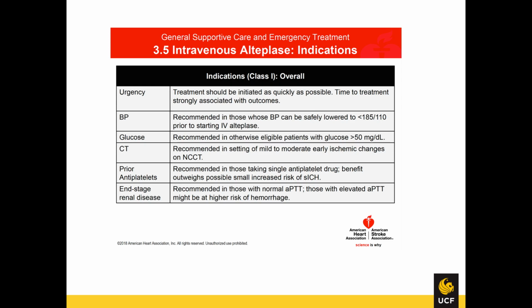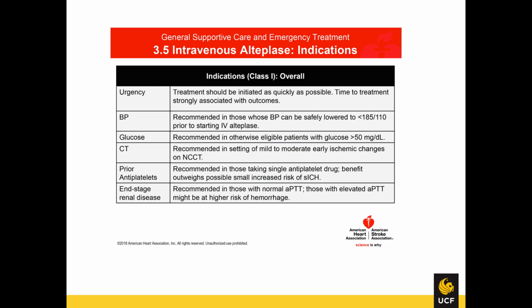When you're starting IV alteplase, your diastolic is going to fall to 105 in the first 24 hours of therapy. Glucose: recommended in otherwise eligible patients with a glucose greater than 50. CT scan is recommended in the setting of mild to moderate early ischemic changes. Again, non-contrast CT.